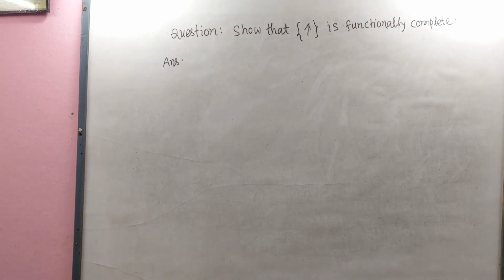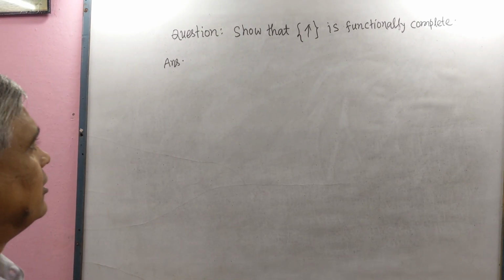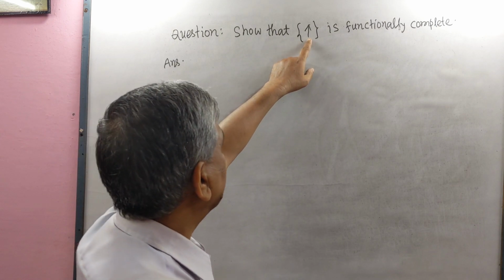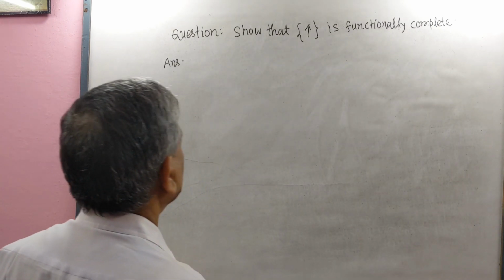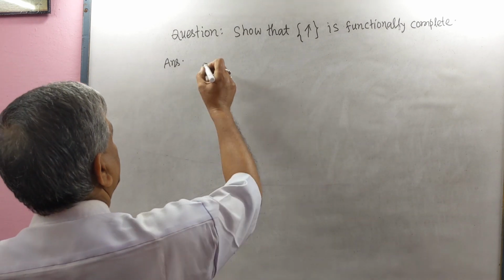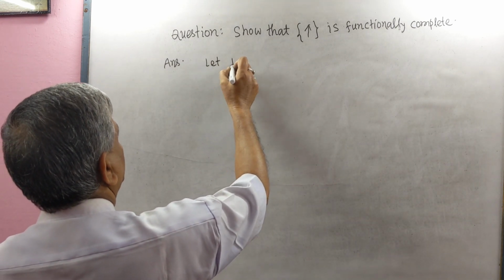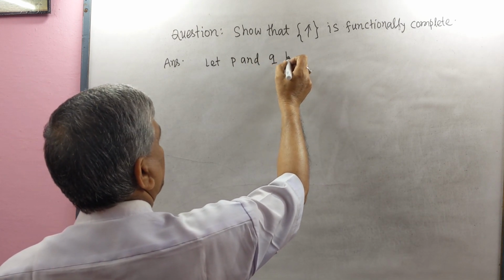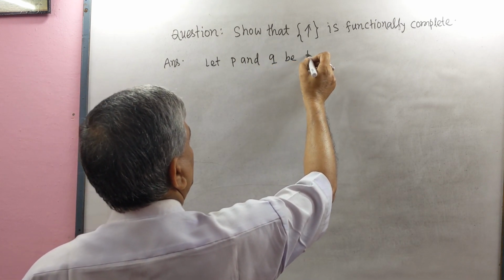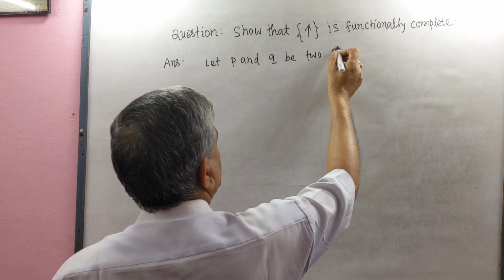Now we shall show that the set containing the connective NAND is functionally complete. Let P and Q be two statements.